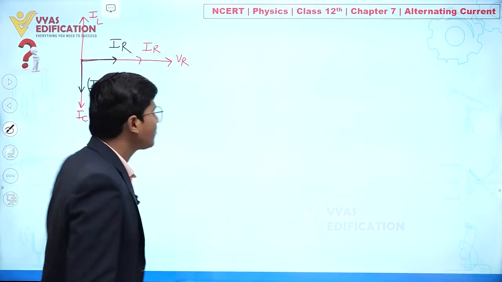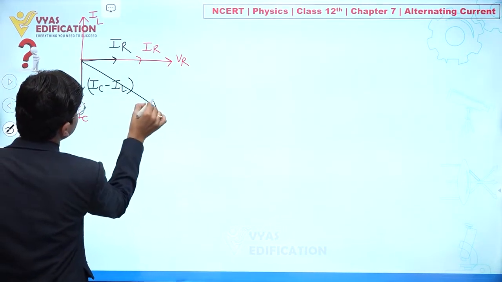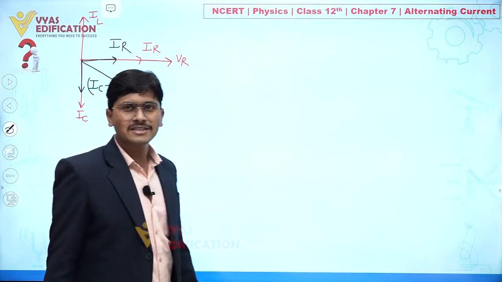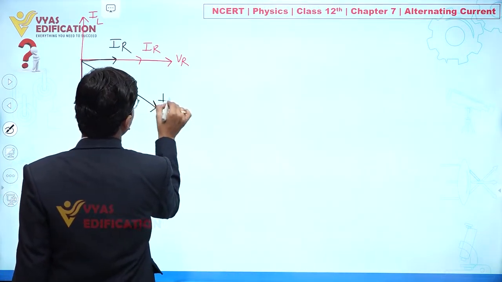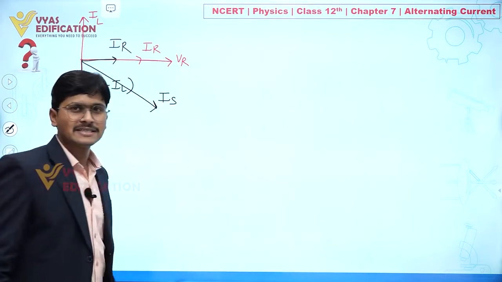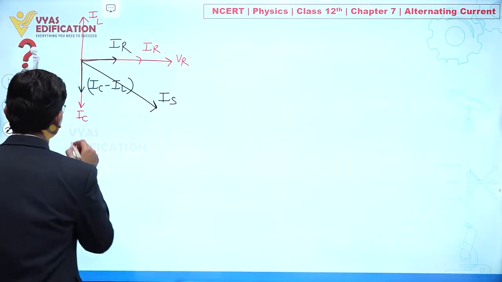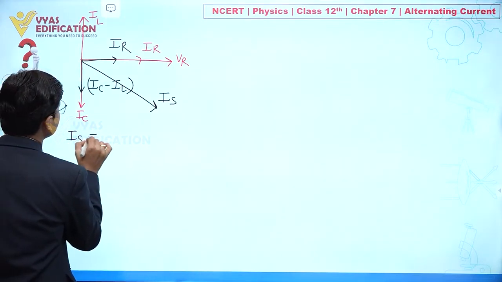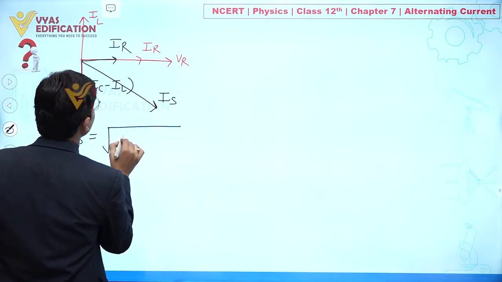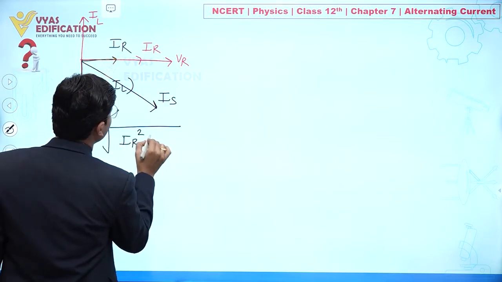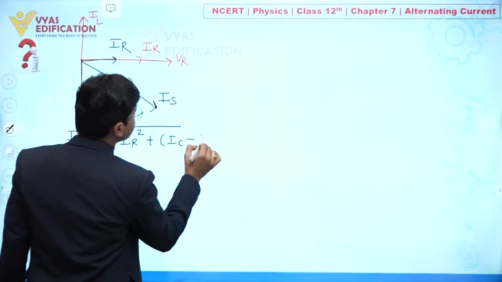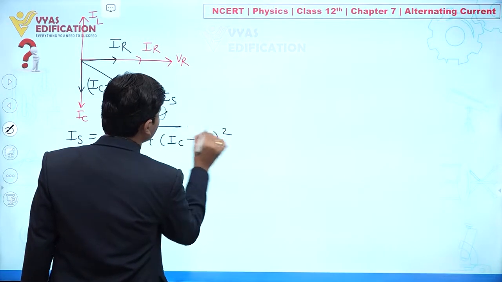Now what about the resultant? The resultant is given in this direction, and this is equal to IS. So we can write IS equal to under root of IR square plus IC minus IL whole square, yes or no?